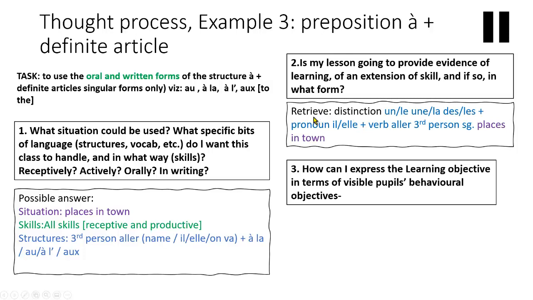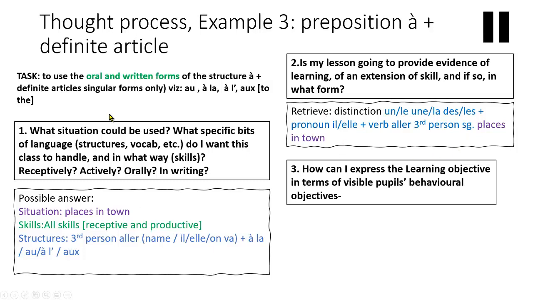Well, I've deliberately said that I would have to retrieve the distinction or the concept of gender. So I'd start with an activity making sure they knew the un, le, a, the, une, la, des, les. And I'd make sure that they remembered their pronouns for he or she, and the verb aller in the third person. They'd also need to know places in the town.